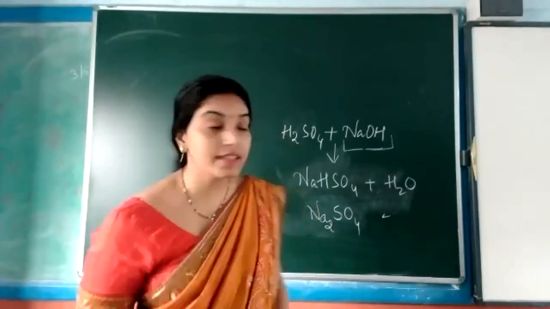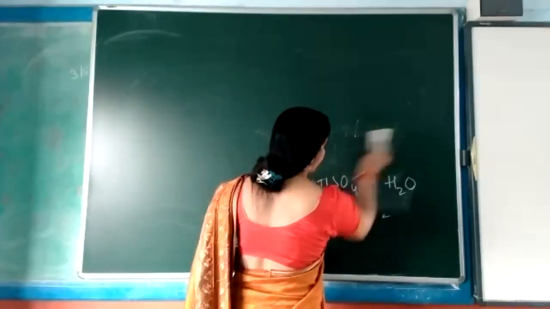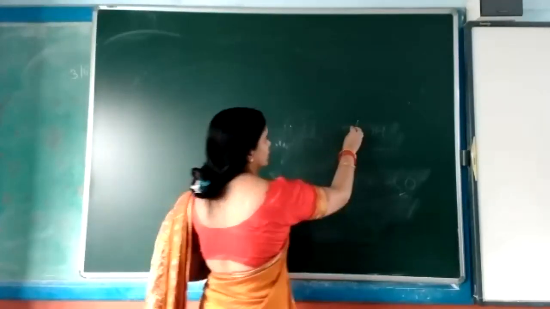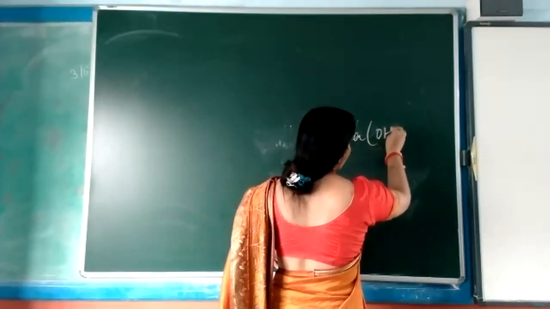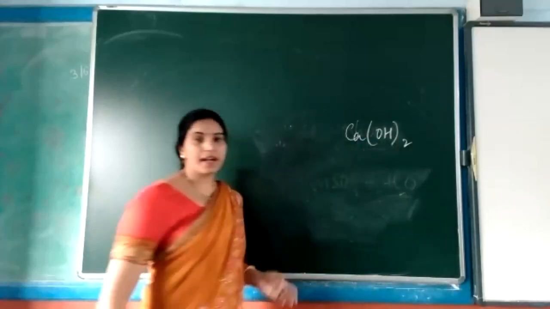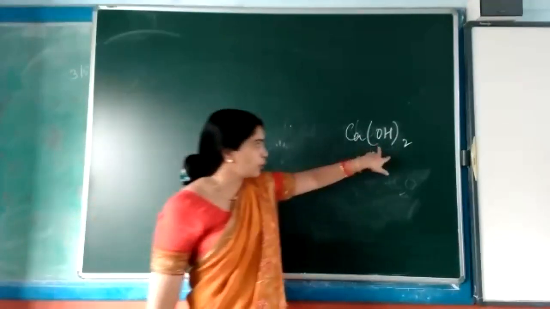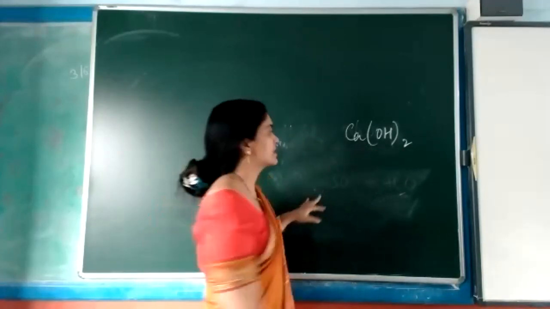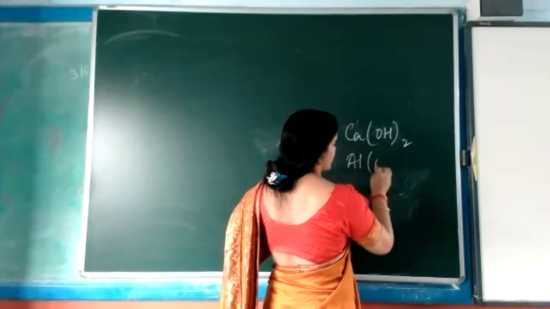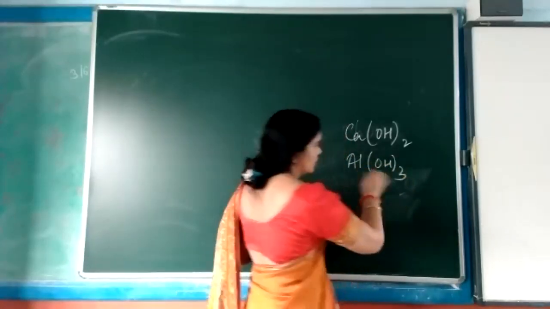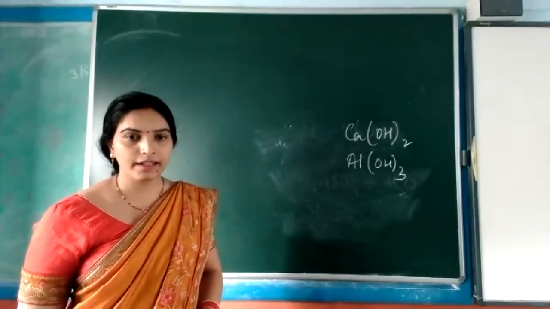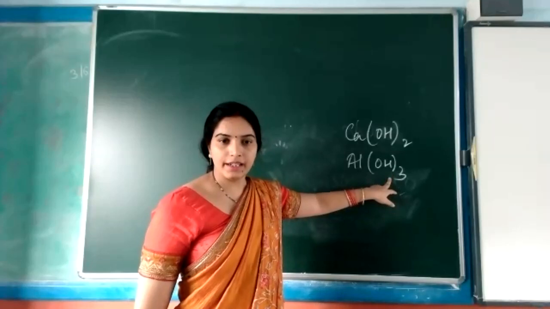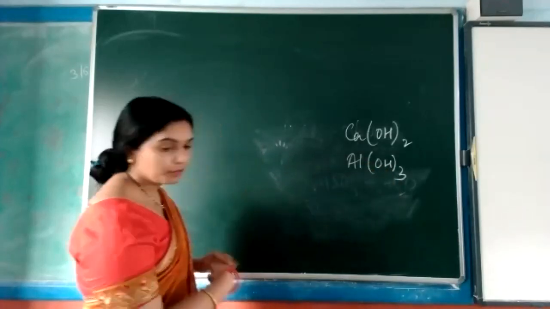Diacidic, triacidic means calcium hydroxide, Ca(OH)2. It contains 2 hydroxyl ions. Suppose the next one is aluminum hydroxide, Al(OH)3. Clear? So it contains 3 hydroxyl ions. Okay.